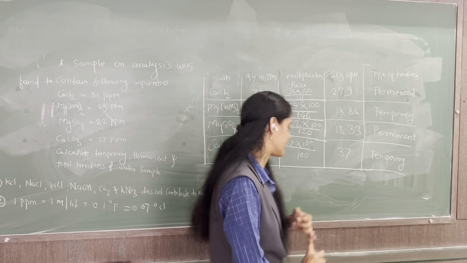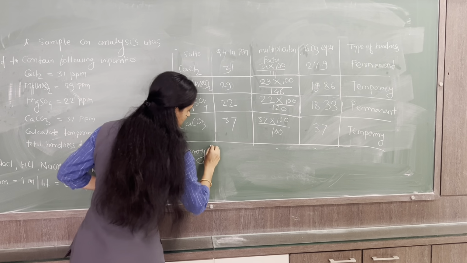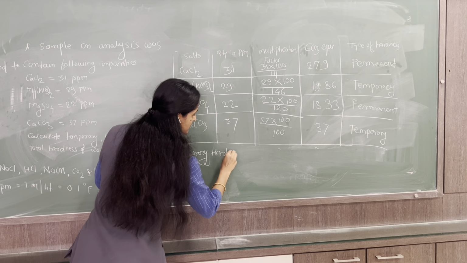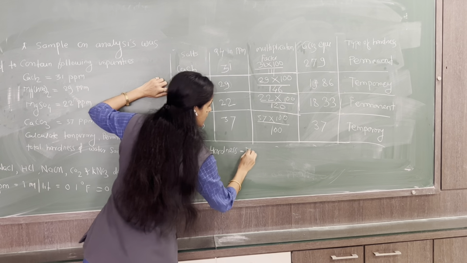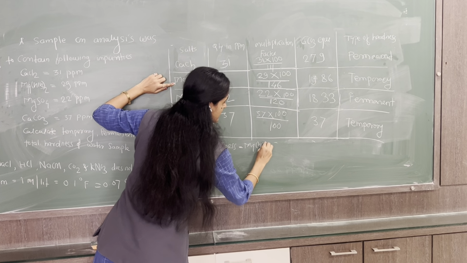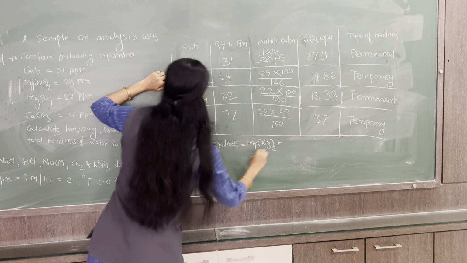To calculate the temporary hardness, two salts cause the temporary hardness. First one is Mg(HCO3)2 and second one is CaCO3.